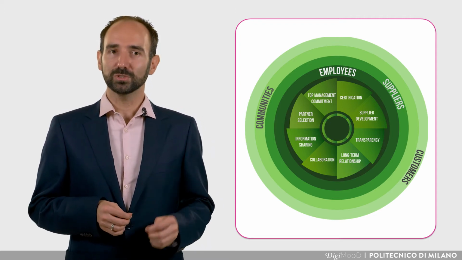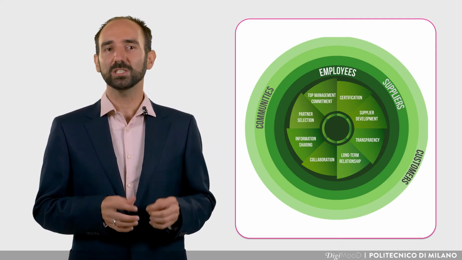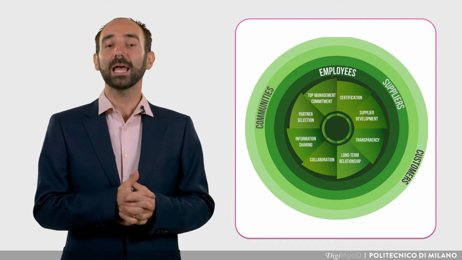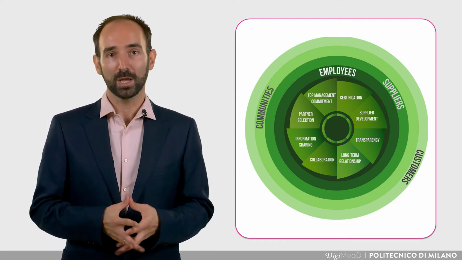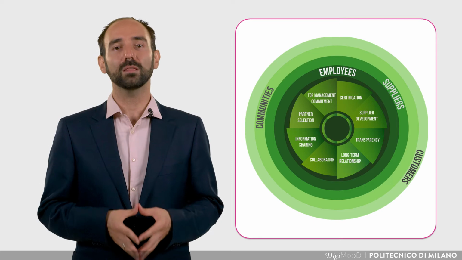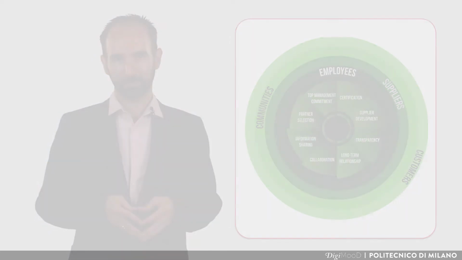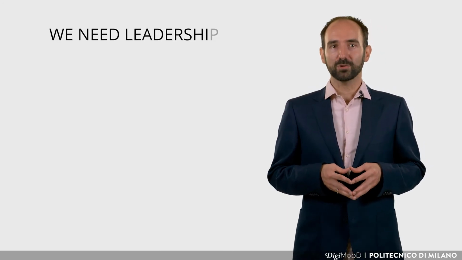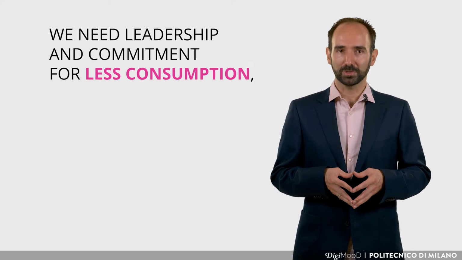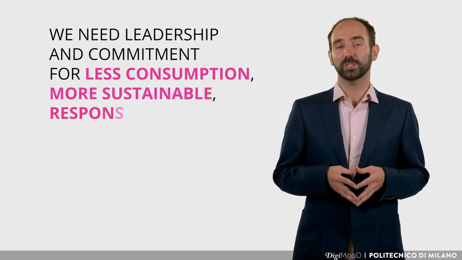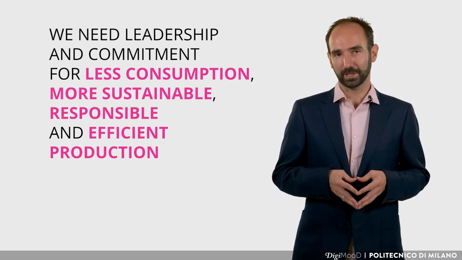This can be ensured not only by internal integration between material development and design teams, but also by external integration with upstream and downstream supply chain partners. That is to say, we need leadership and commitment for less consumption, and more sustainable, responsible, and efficient production.